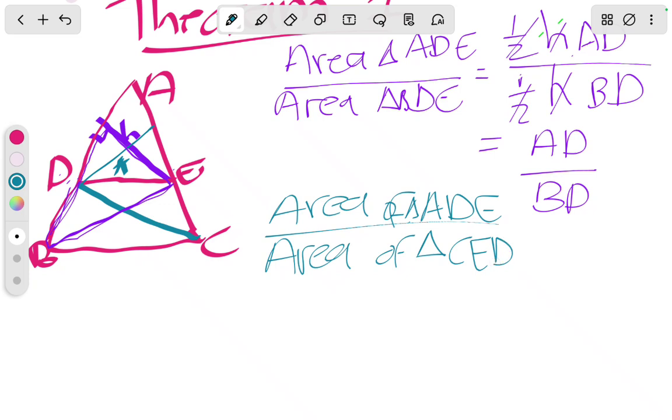So here we are going to consider the blue triangle now in relation to how we've constructed. So for triangle ADE, we're going to say the area is going to be 1/2.